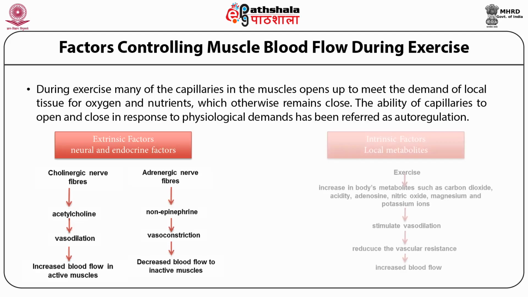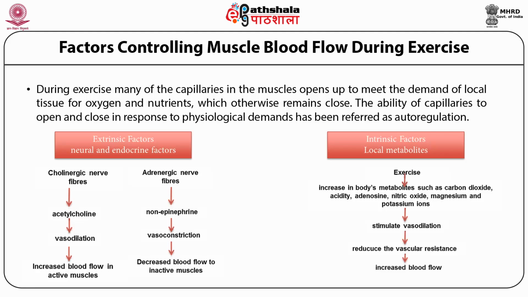Now let's come to the intrinsic regulation, which refers to the control by the conditions in the local vicinity. With exercise, there is an increase in the body's metabolic products such as carbon dioxide, acidity, adenosine, nitric oxide, magnesium, and potassium ions as a consequence of elevated tissue metabolism and increased oxygen need.